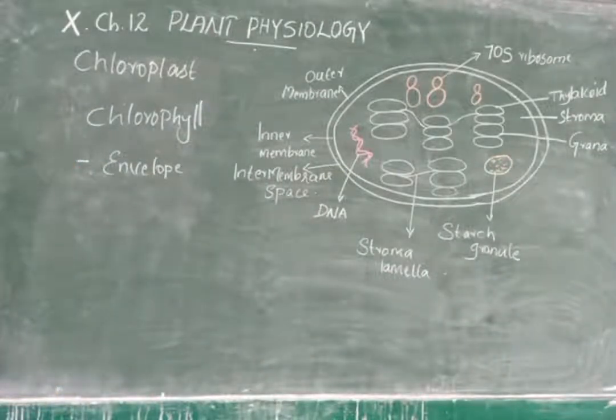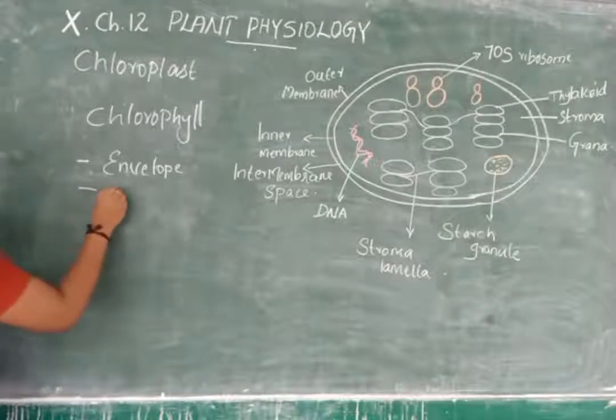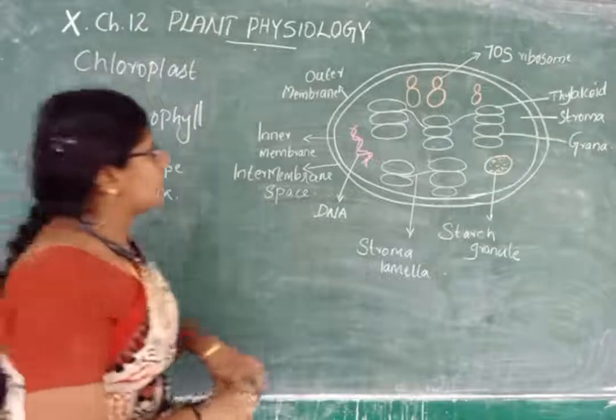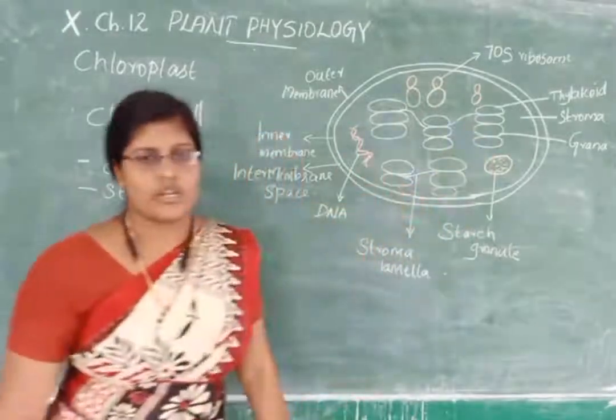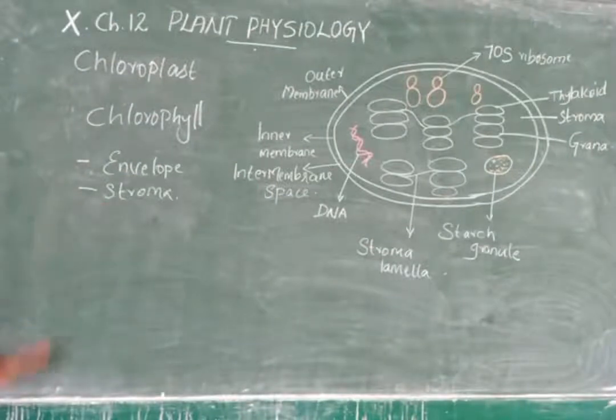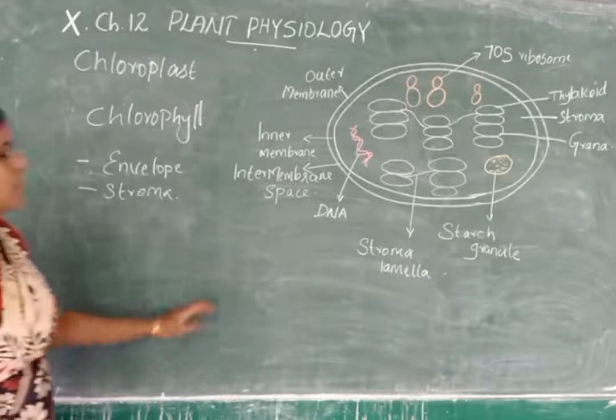Next to the envelope is the stroma. The whole matrix portion of the chloroplast is called stroma, and it contains DNA, 70S ribosomes and all other molecules required for protein synthesis.